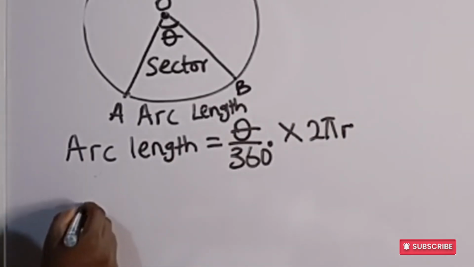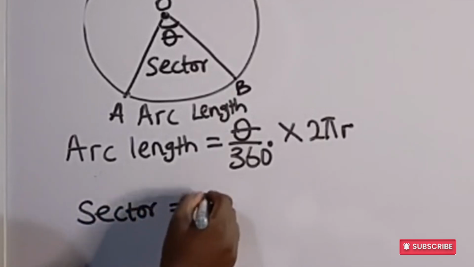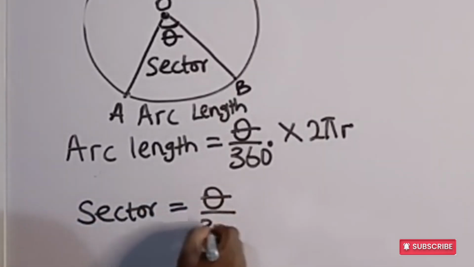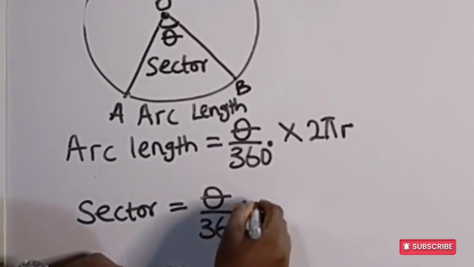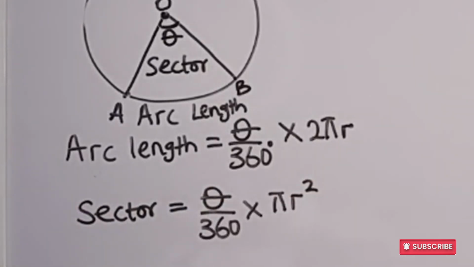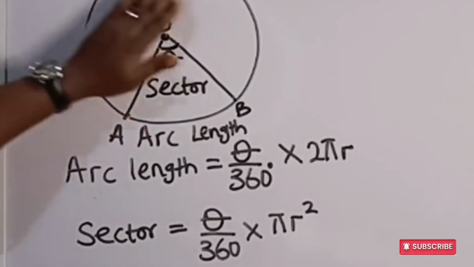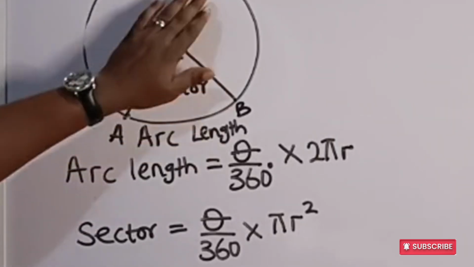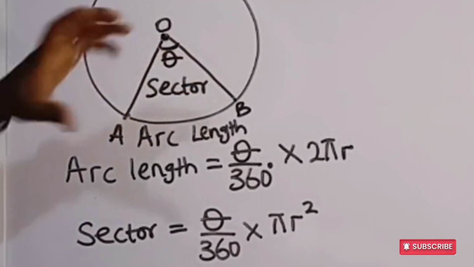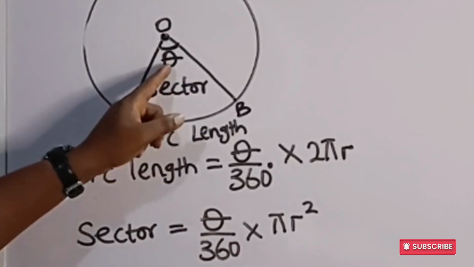The formula for sector is equal to theta over 360 times pi r squared. Also remember, the sector is a part of the area. So this entire space is the area, but this portion is the sector. So that's why theta over 360 represents the portion that is covered by the sector.